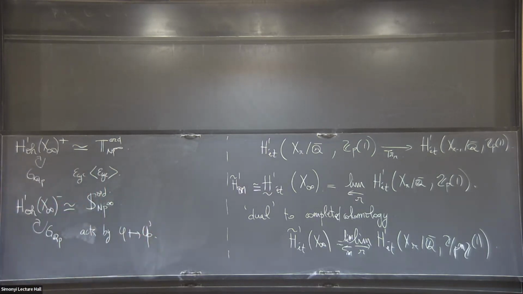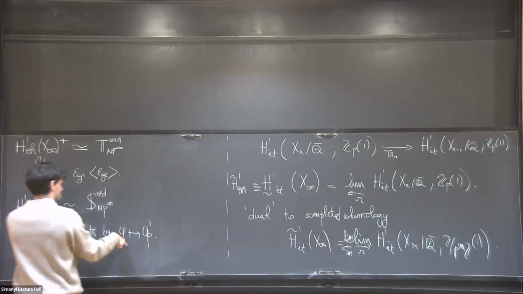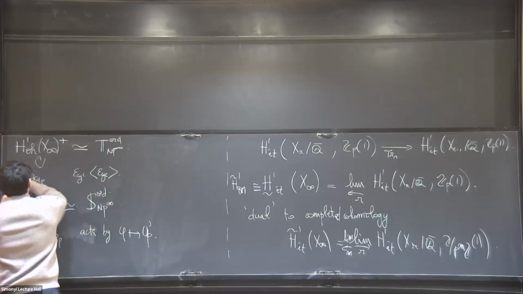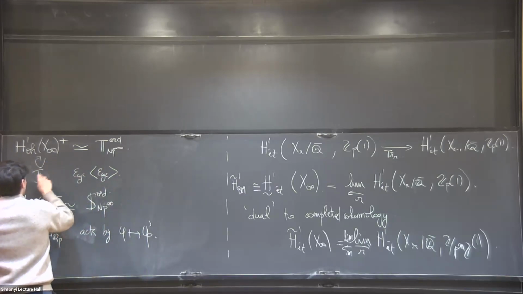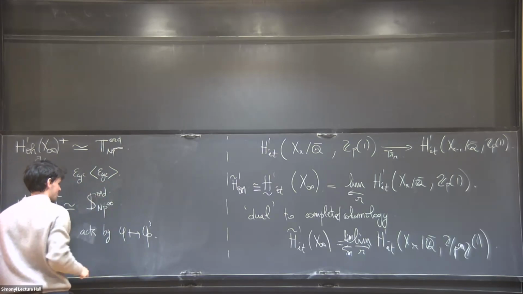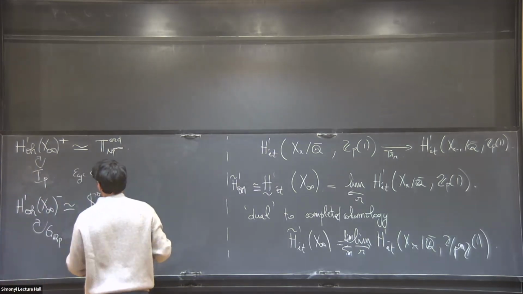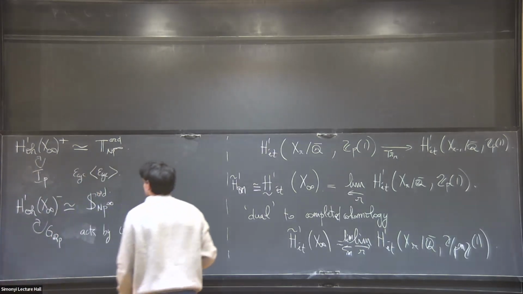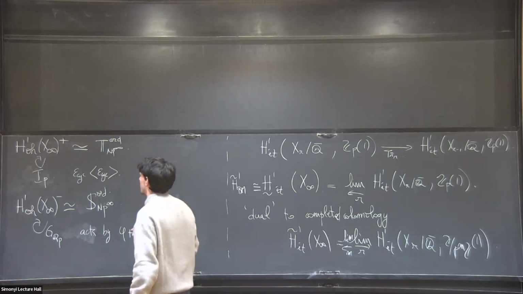Your action on the plus part, that's just the action of inertia, right? Yes. Sorry, yes. So here you have to take U_p prime minus 1 if you want the full action. Thank you, Chris. Sorry.